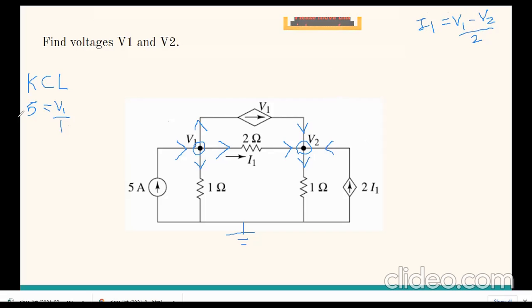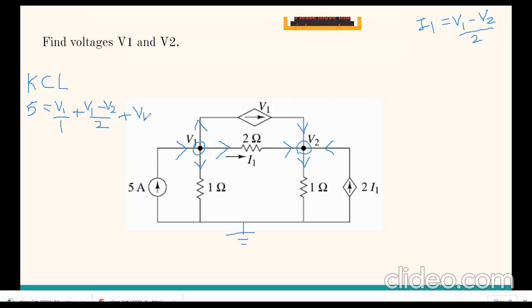So we will write the equation in terms of V1 and V2. The current I1 can be written as (V1 minus V2) upon 2. Now coming to the third term, the third outgoing current is a simple current of value V1, so we write plus V1. So this is our KCL at node 1.